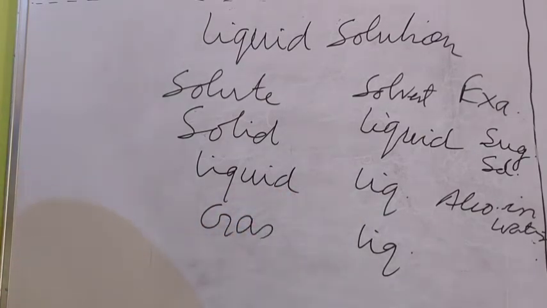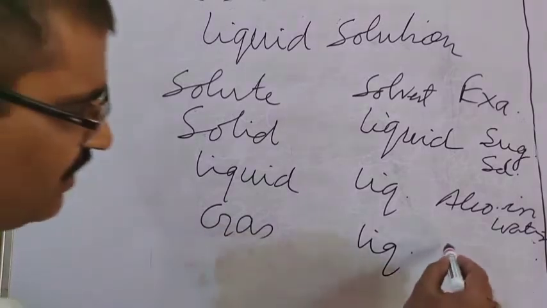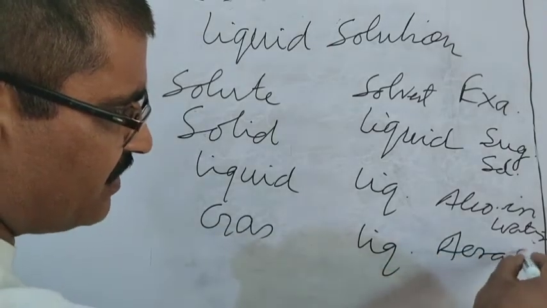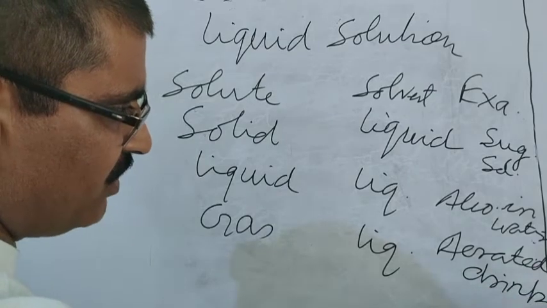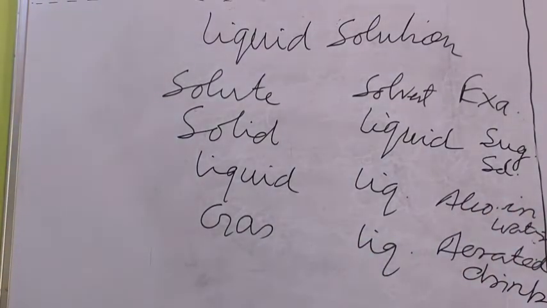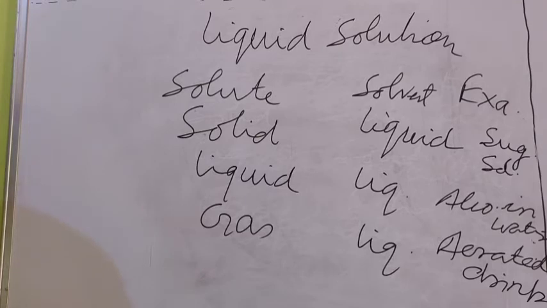Gas in liquid, that is the gas molecule is dissolved, that is the aerated drink. Aerated drink, that is the soft drink, cool drink, that is the example of gas which is dissolved in liquid. So these are the second type of solution, that is the liquid solution whose solvent is liquid.